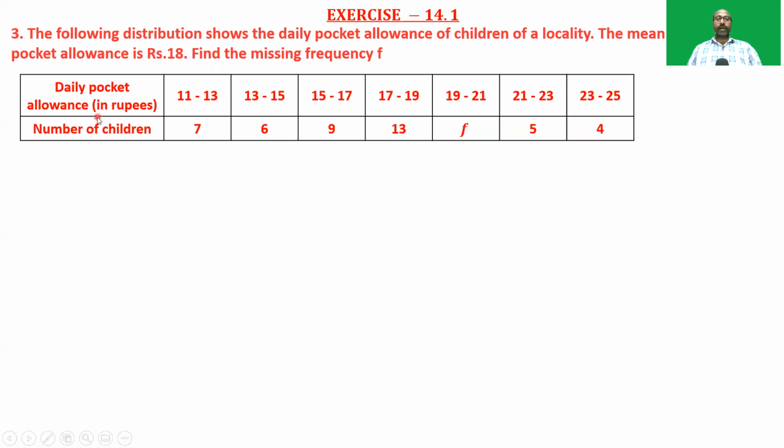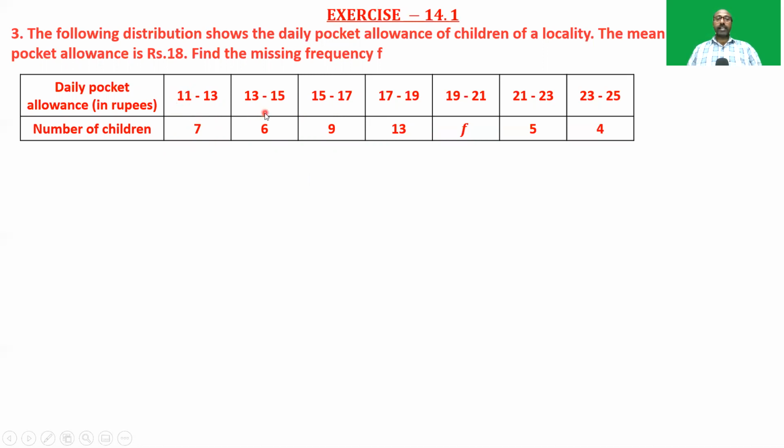So here the daily pocket allowances of children in a locality are given. The class intervals are 11 to 13, 13 to 15, 15 to 17, and so on. And the frequencies, that is the number of children having daily pocket allowance between 11 rupees and 13 rupees, is 7.